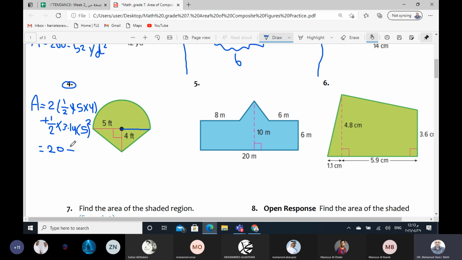plus 5 squared means 5 times 5 means 25, times 3.14 divided by 2. So the answer will be 39.25.